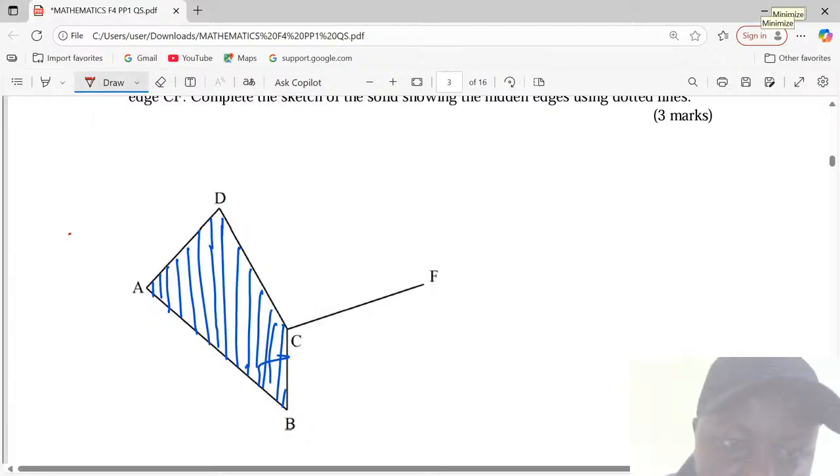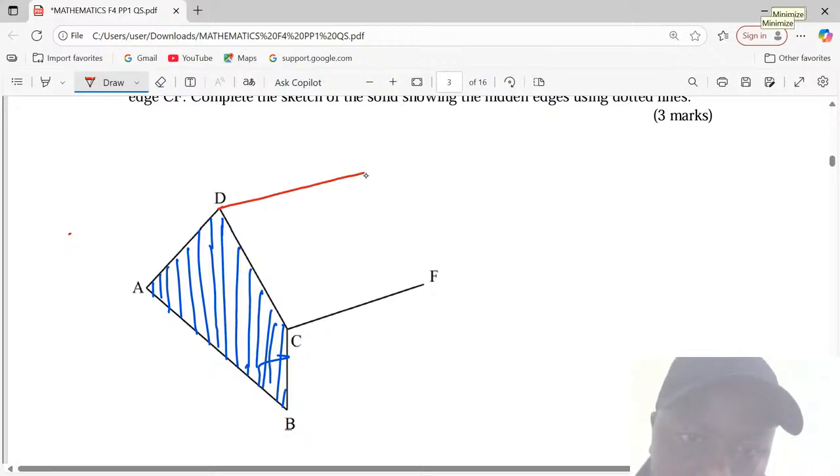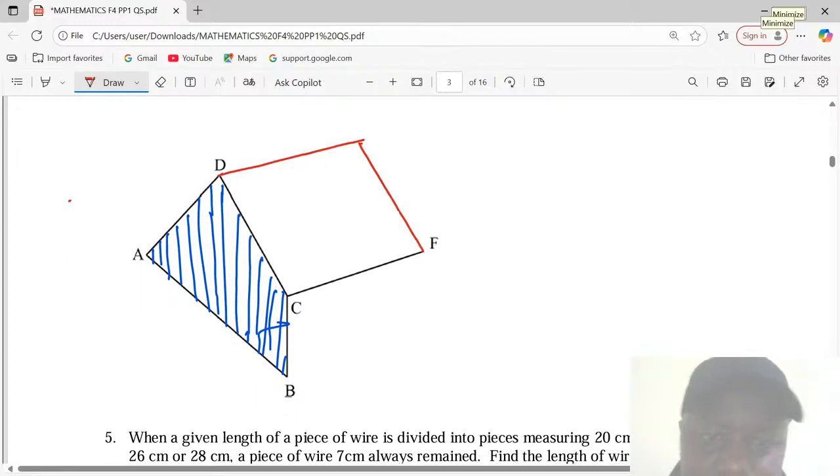So first, I'm going to come up with the top, like that. Then here we have another face. We have another face that way.